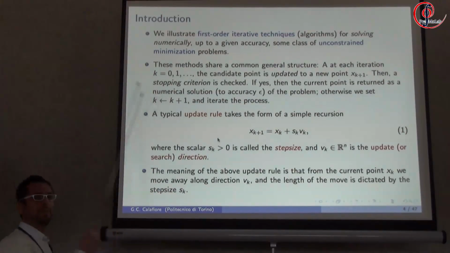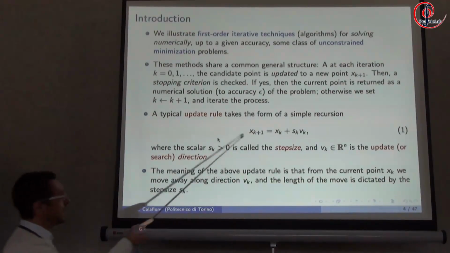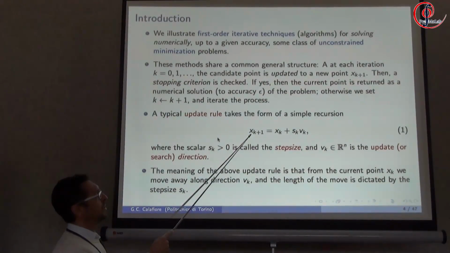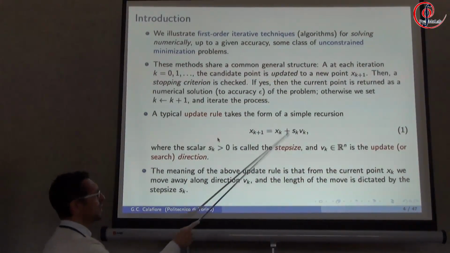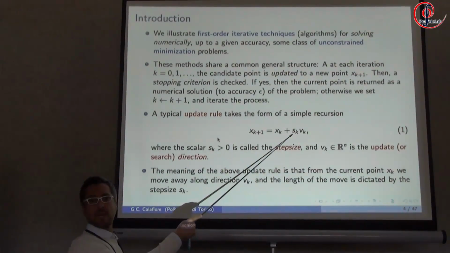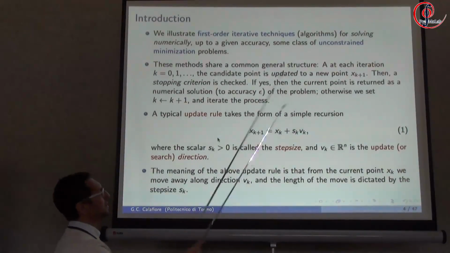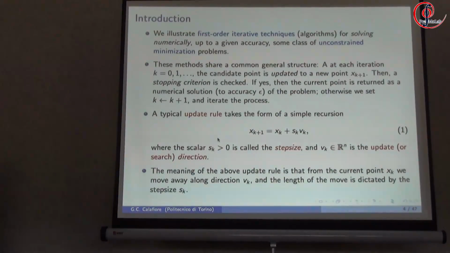The typical update rule, so the algorithm is just an update rule in this case, is of this form. The new point is equal to the old point plus some scalar step size s_k times a direction v_k, which is called the update or the search direction. Okay? And the geometrical meaning is again we are at the point x_k.